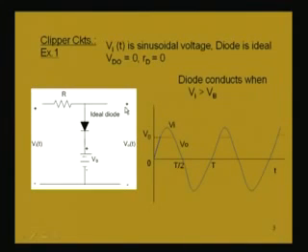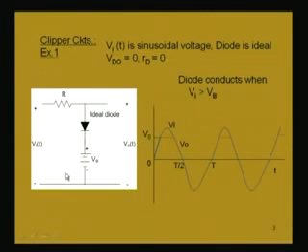Now, we want to find the voltage waveform at the output, which is V naught t. Suppose we want to plot V naught t and Vi t, given a sinusoidal waveform at the input. What will be the output? With these polarities we denote this output signal, with this point higher with respect to the ground point.